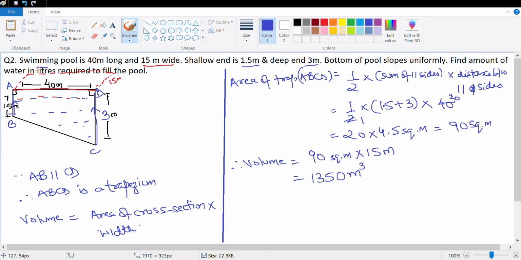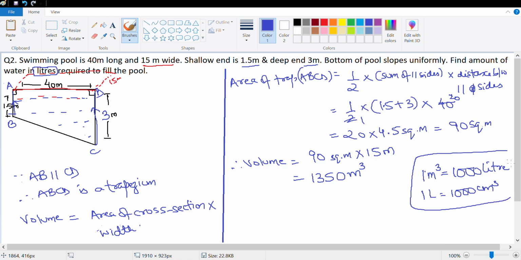Next, they want the answer in liters. So we need to convert meter cube into liter. Just want you to remember, in case you've forgotten, 1 meter cube is equal to 1000 liter. There is one more conversion that we'll need in this chapter, which is 1 liter is equal to 1000 centimeter cube. So just remember these two conversions, life will be easy.